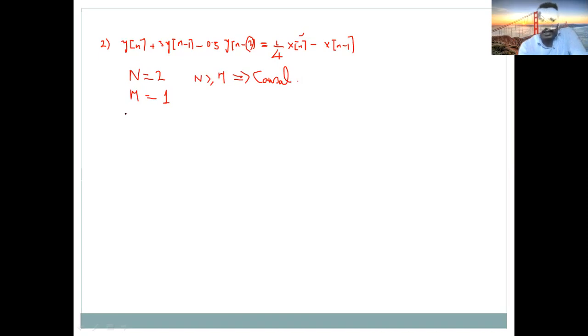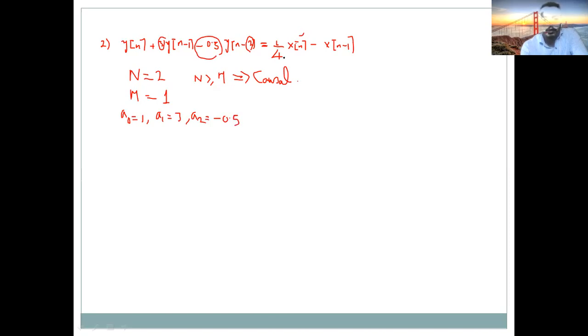To check linearity, we have to check the coefficients. What's the coefficient of y of n? We call it A0, right, in our general equation: 1. The coefficient of y of n minus 1, we call it A1. How much? It is 3. The coefficient of y of n minus 2, we call it A2, which is minus 0.5.